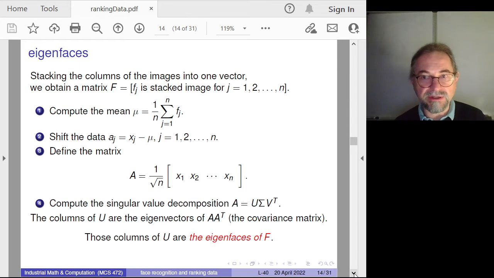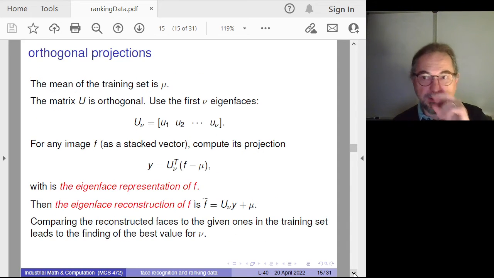Now it turns out that I misspoke earlier. The covariance matrix here for U is A times A transpose, not A transpose A. Okay, so how does this all work? Well, we have the mean from the entire singular value decomposition.